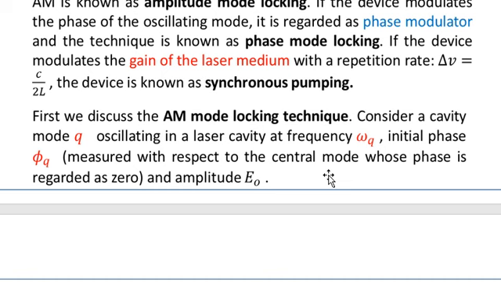The phase of the central mode is acting as our reference phase, and the phases of all the other modes will be measured with respect to the central mode. So here we are considering that q is any mode, and its initial phase is phi q with respect to the central mode. This mode is oscillating with the frequency omega q, and the mode has an amplitude equal to E naught.